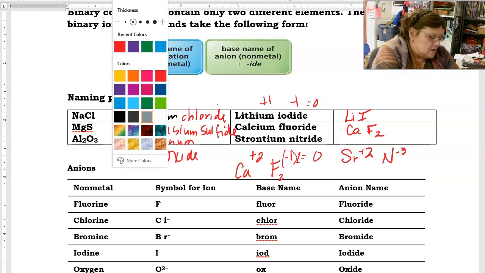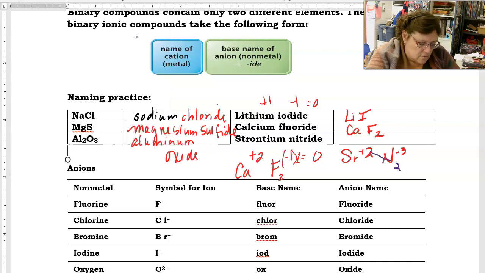If I take my 2 down there and my 3 down there, now I have 3 times +2, which adds up to +6, and 2 times -3, which adds up to -6. Our charges add up to 0, and we have Sr3N2.